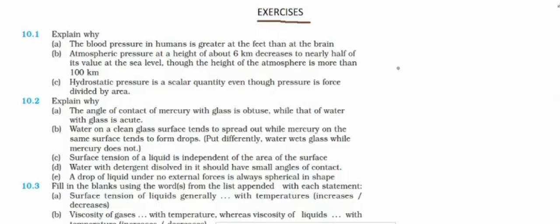Part B, atmospheric pressure at a height of 6 km decreases linearly to half of its value at sea level. So the height of the atmosphere is more than 100 km. Again, we have to use the formula P is equal to h rho g.